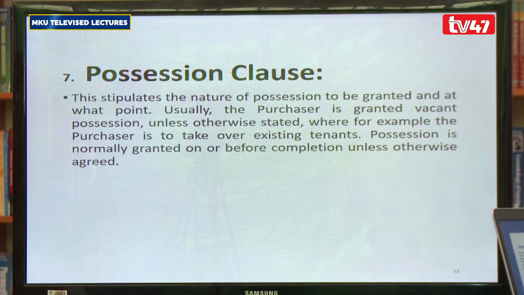But then again, within the domain of freedom of contract, it is possible that parties can agree differently. In other words, it will not be illegal even if possession is given to the purchaser before the completion, but the more advisable requirement would be that such possession should be granted after completion.